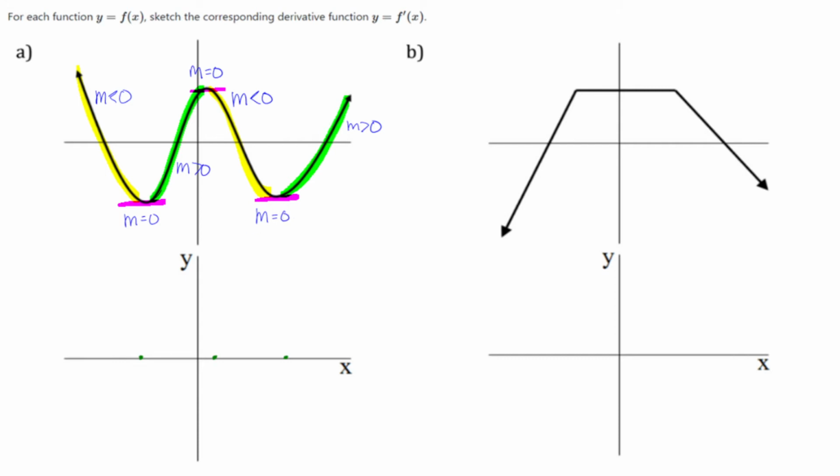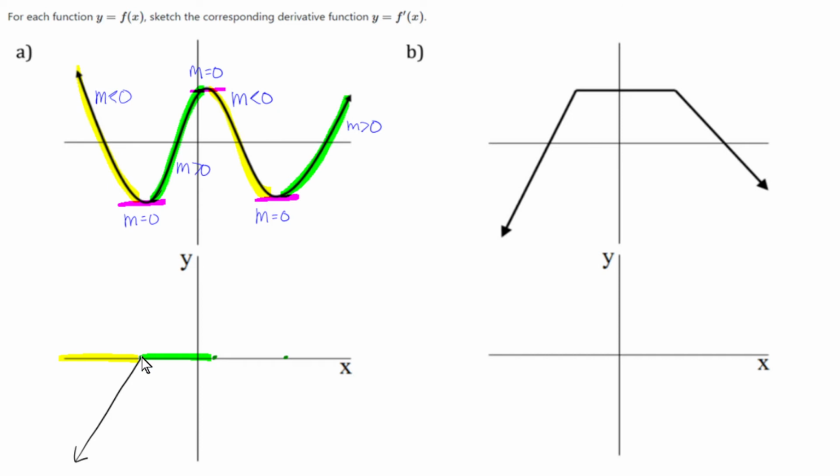So what we can do here is, as we are to the left of this x-intercept over here, the slope will be negative, which means that the derivative function will be negative. It's going to be coming up something like this. And then as it is passing this x-intercept, now the slope becomes positive, and it's going to be positive all the way to the next x-intercept.